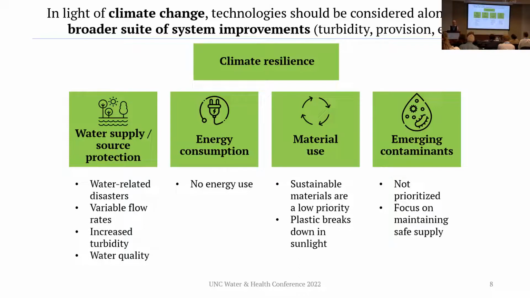But material use could be an upcoming issue, seeing as the use of sustainable materials is really important, and the plastic components of passive chlorinators may break down over time due to sunlight. Emerging contaminants are, of course, an important issue, but from my interviews, it was seen as a low priority at the moment.